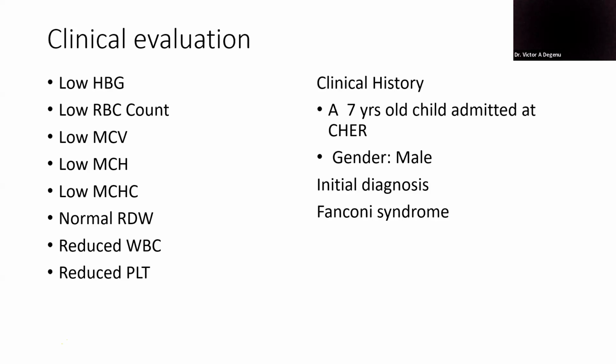So we have disease of the kidney proximal tubules, which is leading to excessive loss of important things such as glucose, amino acids, phosphate, bicarbonate, and other electrolytes in the urine. So that is what is presenting with all these things.